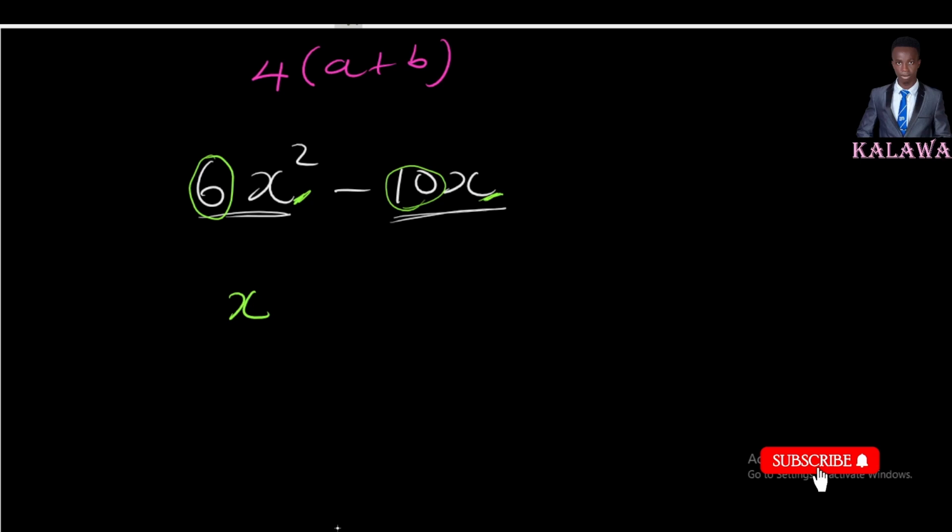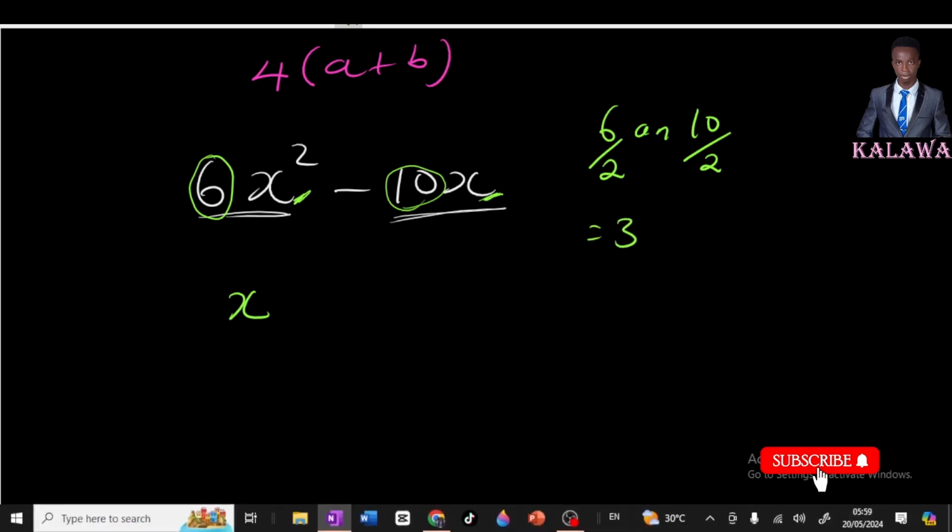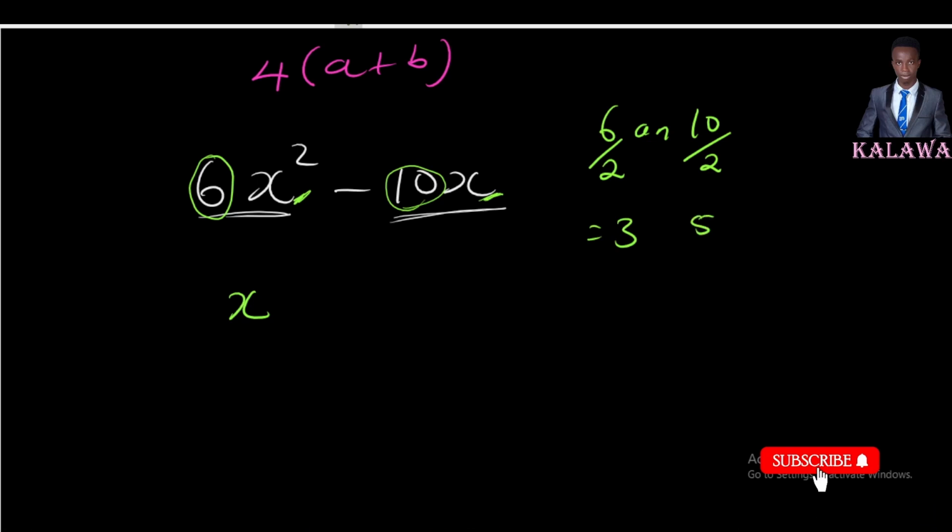In this case, the number that can divide 6 and 10 without any remainder is 2. If we divide 6 by 2, we have 3. And if we divide 10 by 2, we have 5. So these are what is going to be in the brackets.